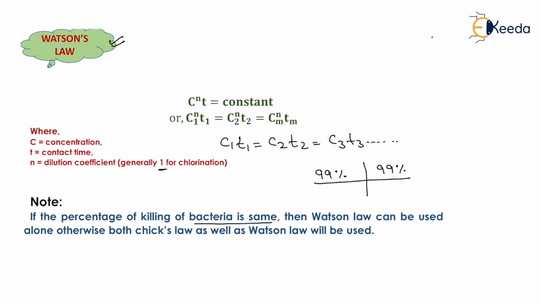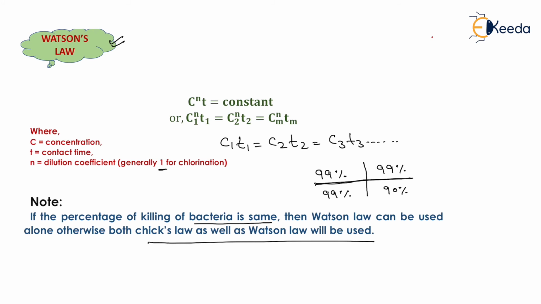And if the percentage killing of bacteria is not the same, suppose in one case 99% killing and in another case 90% killing, then we have to use both Chick's law as well as Watson's law.